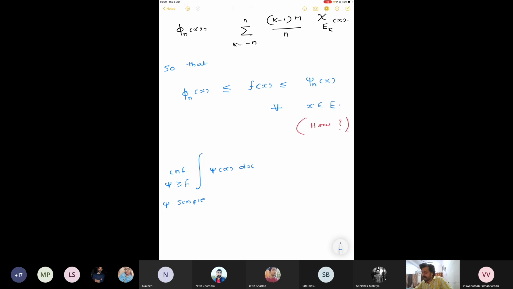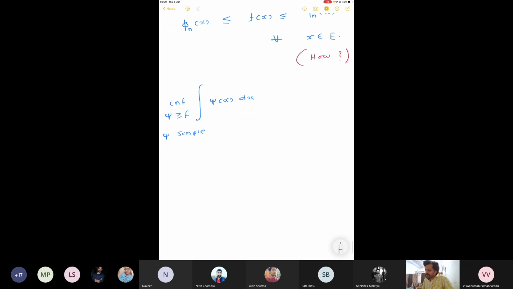So if you want the upper Lebesgue integral, you have to take the infimum over the collection of all simple functions greater than or equal to f. ψ_n only forms a subcollection of simple functions greater than or equal to f. So do you see that this will be less than or equal to the integral over E of ψ_n(x) dx?